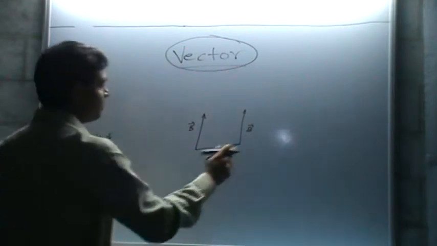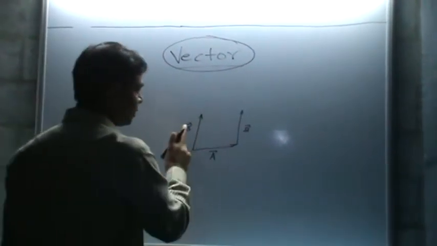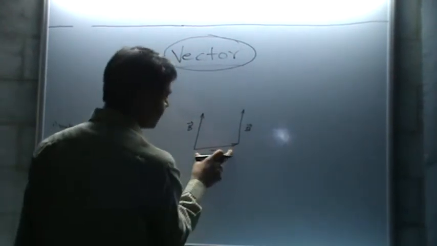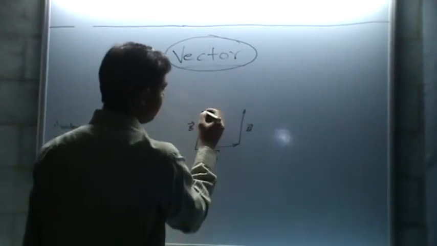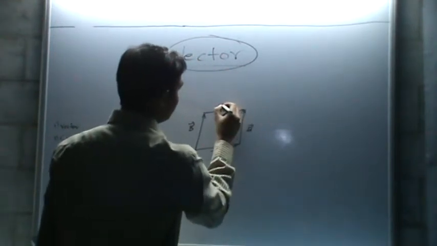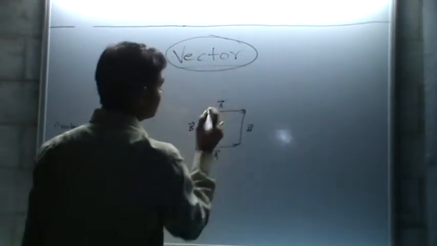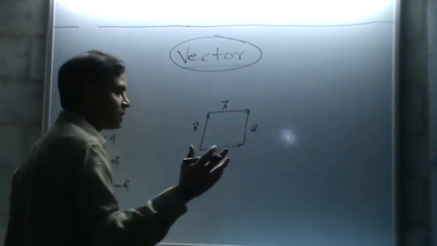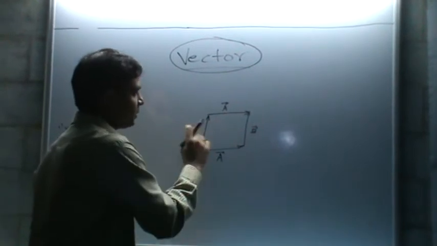Again, the vector is the same because the length, magnitude and direction are the same. Again, we shift this vector to the head of B. This will become vector A. The vectors have not changed: same A, same B.